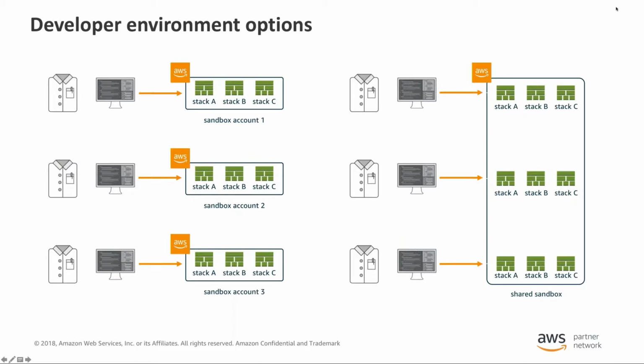If that's not realistic, if creating completely isolated accounts is just too labor intensive for the security team, for instance, using a shared sandbox is certainly a viable option as well.